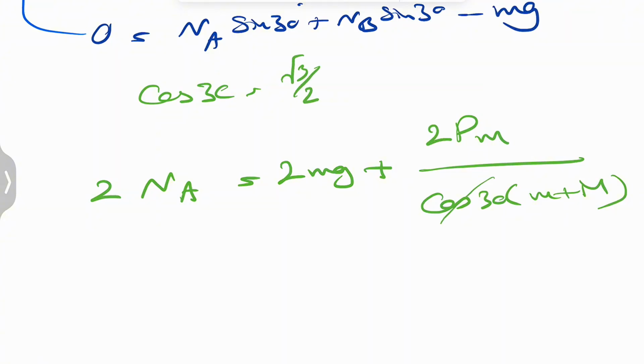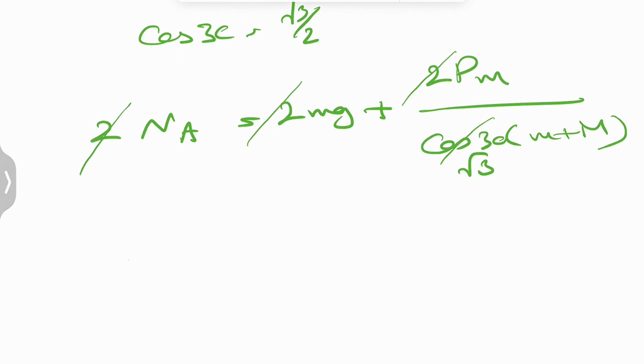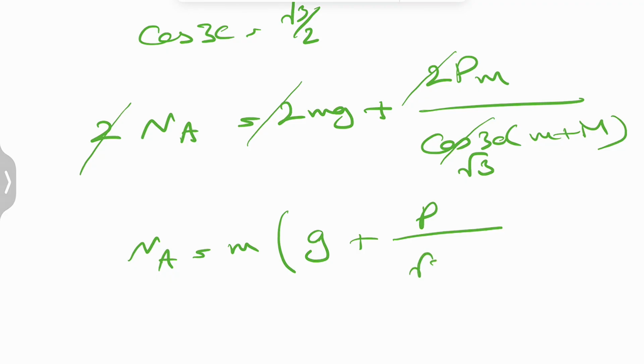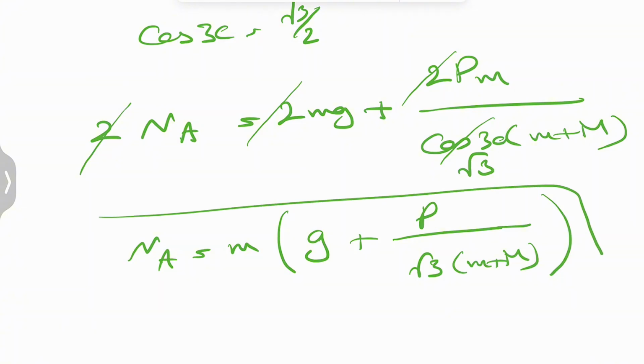So the 2 is going to go in here and we're going to have a square root of 3 in the denominator, so we can cancel out all the 2's. So NA would be, you can also factor m because they both have m. It's going to be g from the first term, and the second term is going to be P over square root of 3 times M plus m. That's going to be NA.